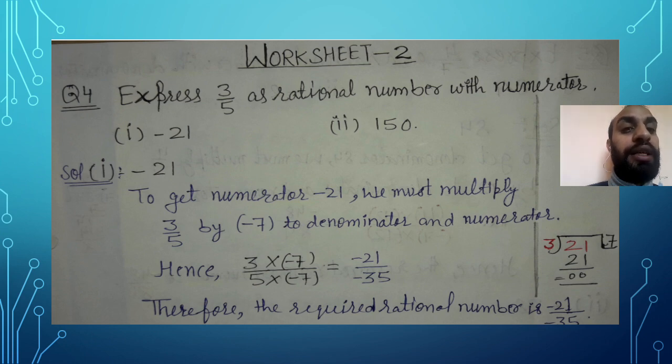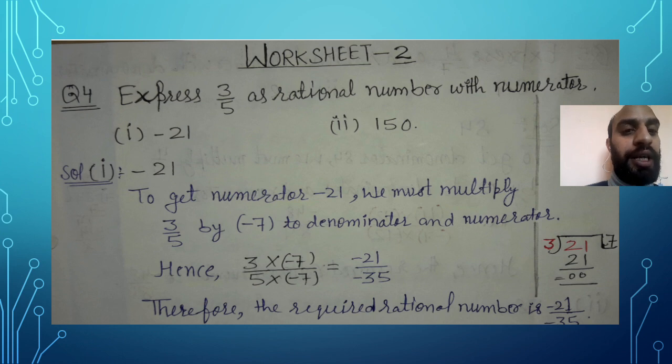After finding that number by division, we come to know 7 is required to multiply to the numerator and denominator. But the next thing is the sign of the answer. The sign of the answer is minus 21, but in our question 3 is positive. That means the number by which we are multiplying is negative. So how to write the answer? To get numerator minus 21, we must multiply 3 upon 5 by minus 7.